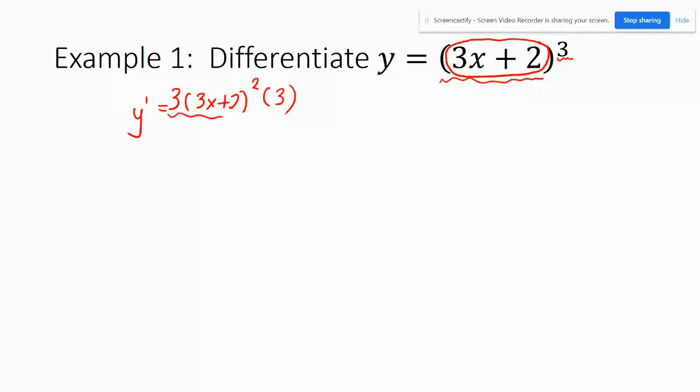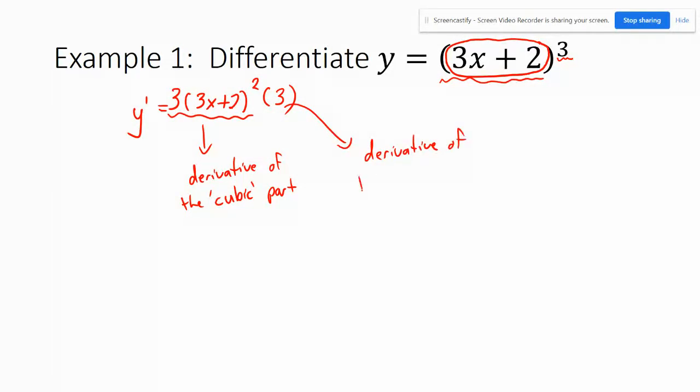So this part over here is the derivative of the cubic part, and this part over here, this 3, is the derivative of the linear part. Okay, so this is how we do this.